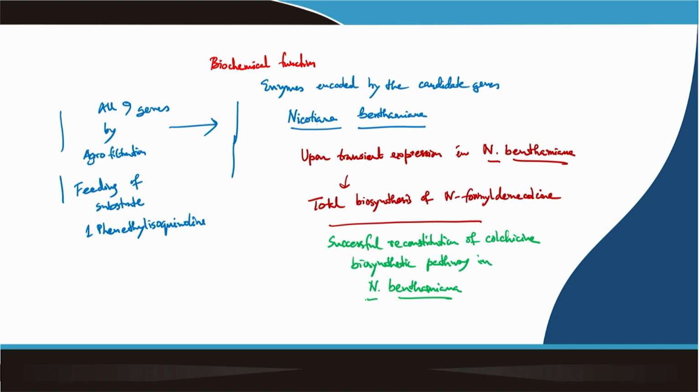Now, they were not happy with this, they wanted to also express the early genes of the pathway leading to the formation of the first product, that is 1-phenethyl isoquinoline. So, what they have done in this case, they have used 3 different modules.